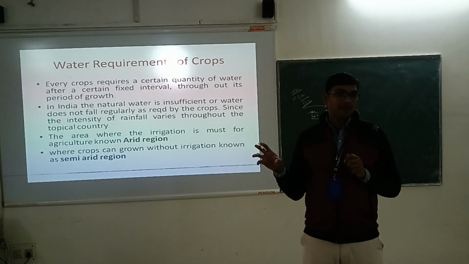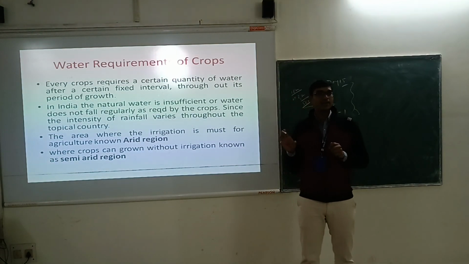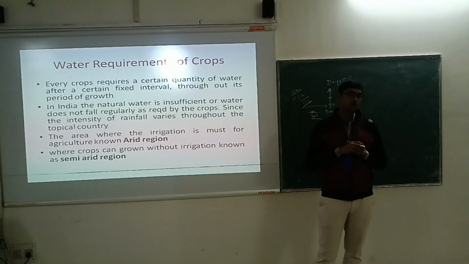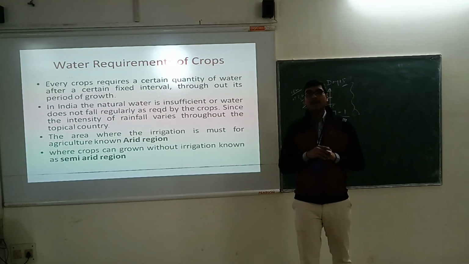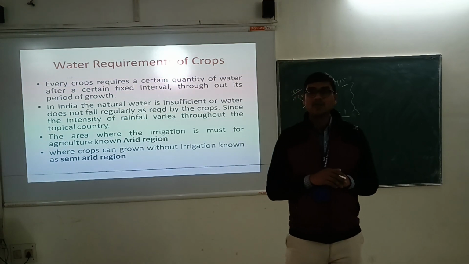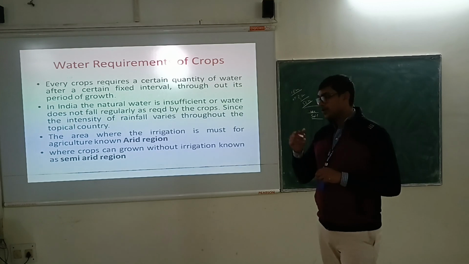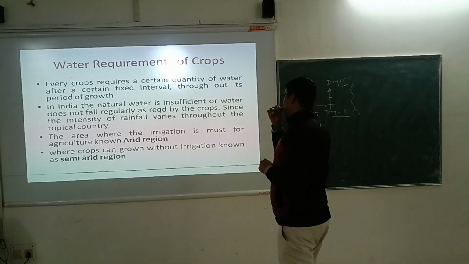It is different for different places. Suppose whatever the rainfall is in Kolkata, it is not the same elsewhere. So in India the intensity of rainfall is different, so the water requirement of the crop is also different. Clear?